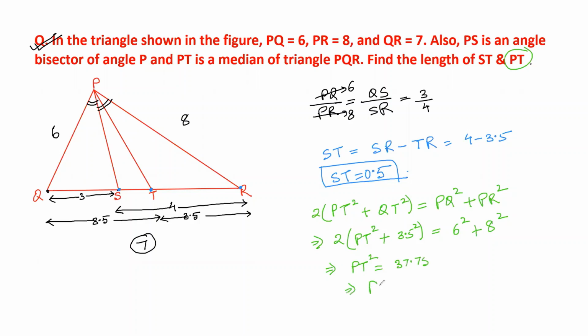So the length of PT would be root of 37.75 units. So the length of ST is 0.5 units and the length of PT is under root of 37.75 units. So in this way, by using the angular bisector theorem and the Apollonius theorem, we can find such lengths.